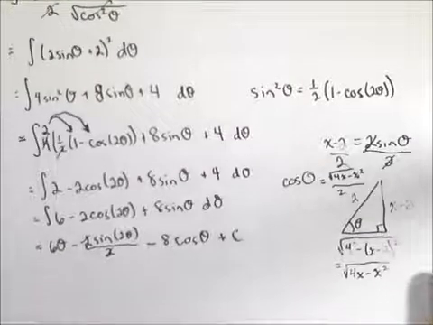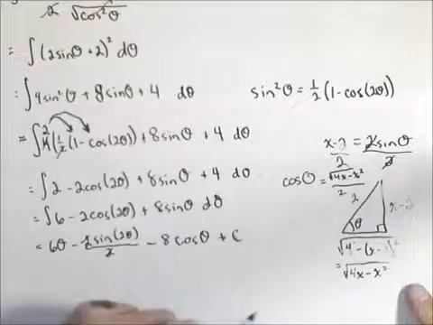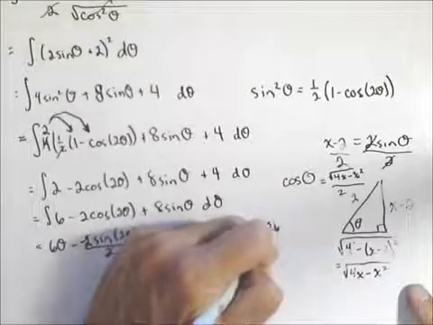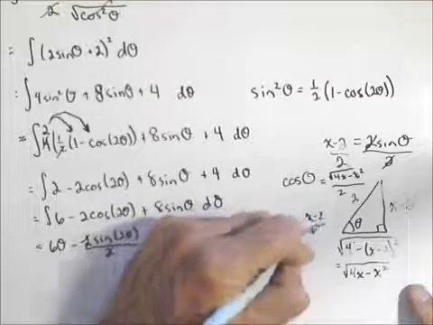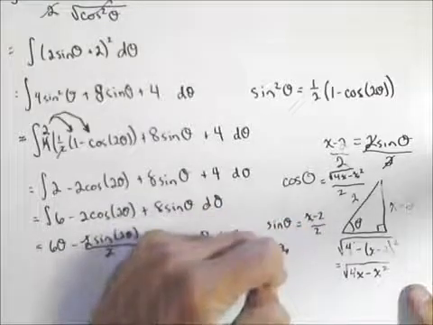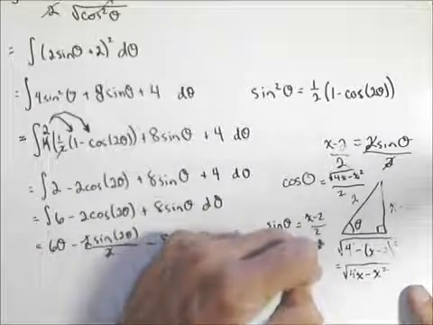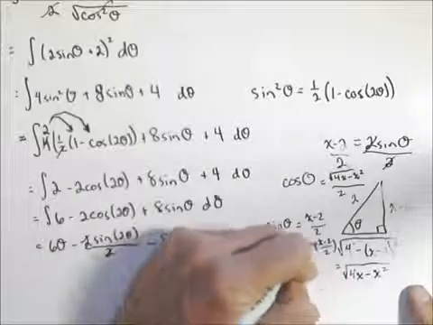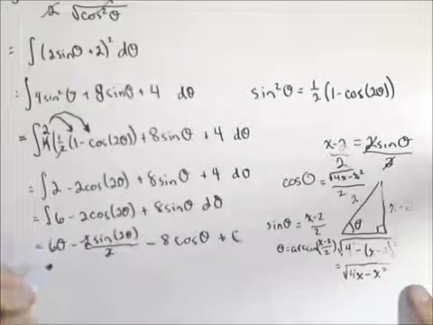So remember we know that sine of theta equals x minus 2 over 2. So theta equals the arc sine of x minus 2 over 2.